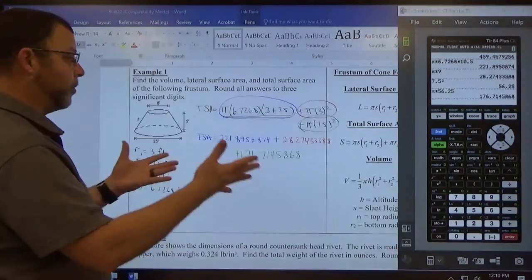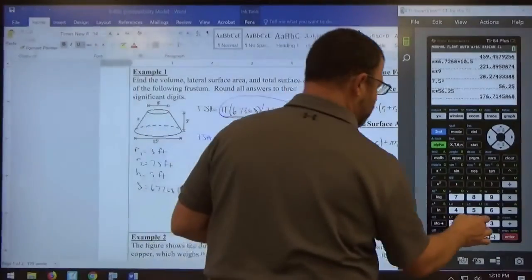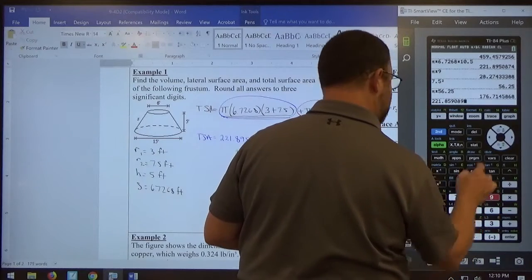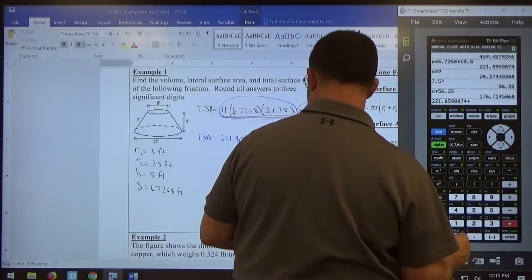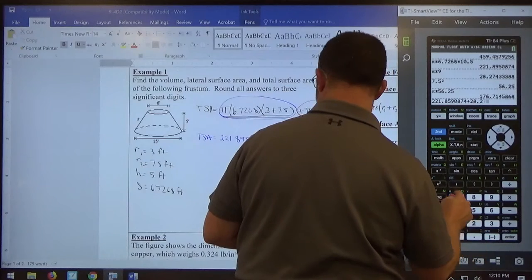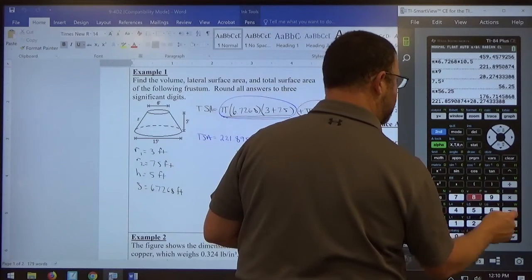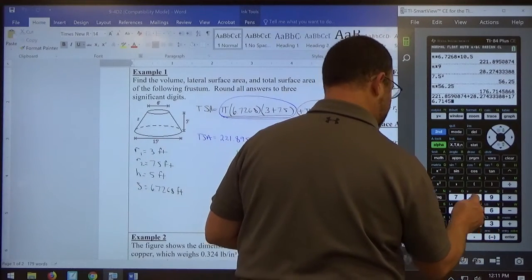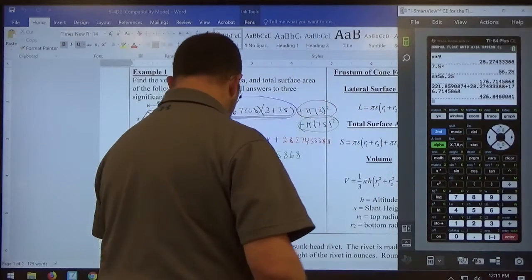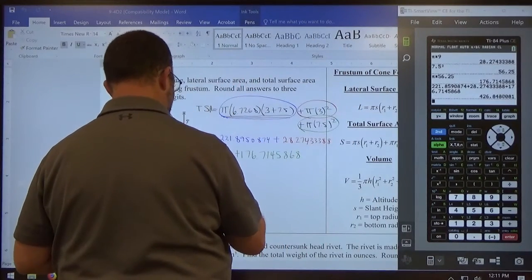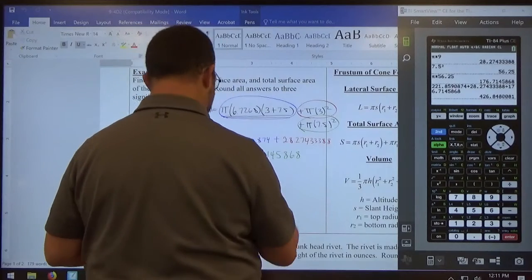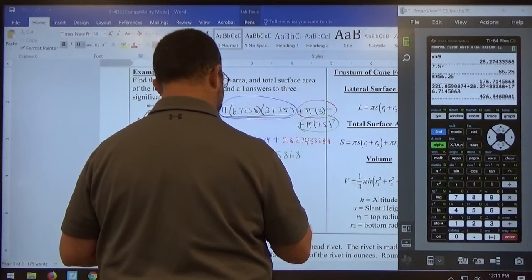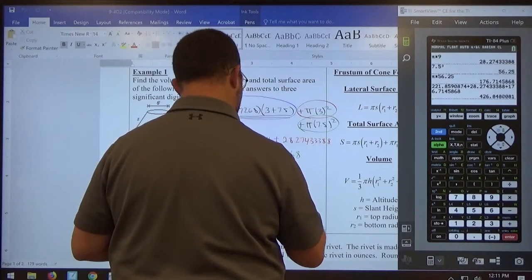So I simply have to add those 3 numbers together to get that total surface area. 221.8950894874 plus 28.27433388 plus 176.7145868 equals 426.8480081.